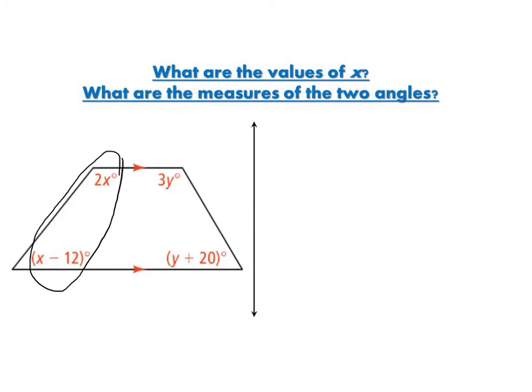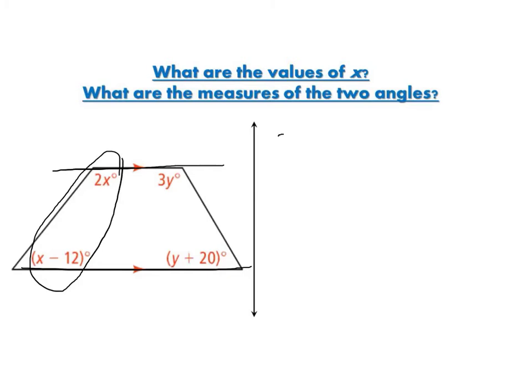So by just looking at them, I can tell that I'm going to be using those two measurements. But how do I find out what they are? Well, they're both inside. If you think of these as parallel lines, you'd notice that they're inside the two parallel lines. Therefore, they are same side, which means they add up to 180 degrees.